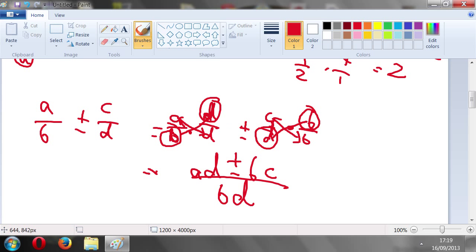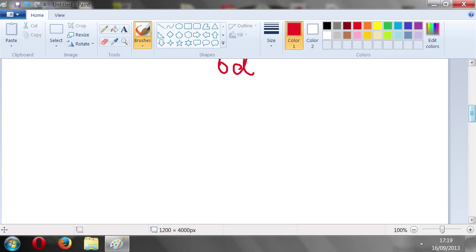Adding fractions is kind of funny, isn't it? Either way it makes sense because you just know that you multiply the bottoms.